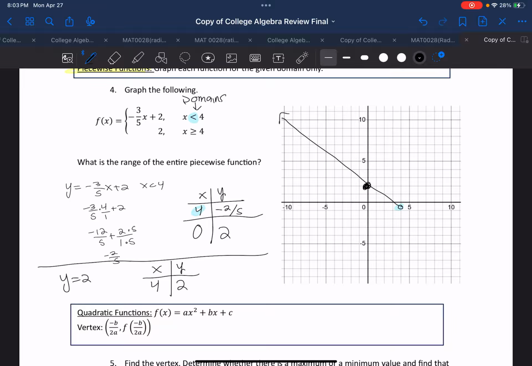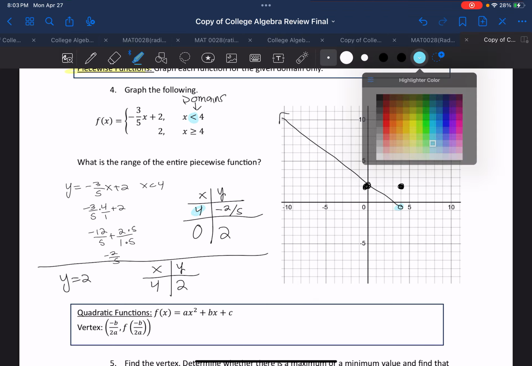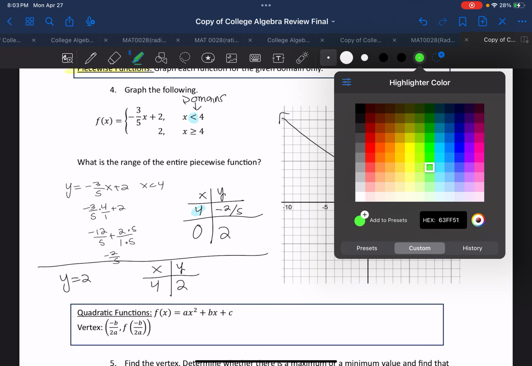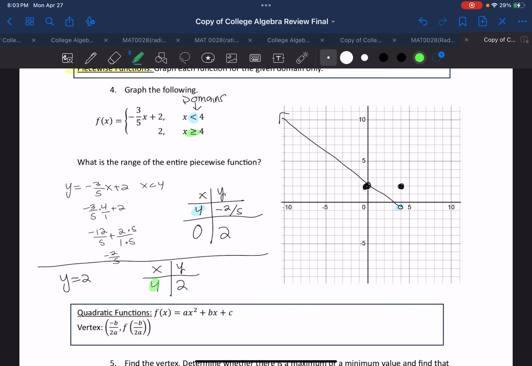So 4 comma 2 would be right here, and that would be a closed circle because x can equal 4. And then I'm only going to plot this line to the right because I'm only graphing that second piece of the piecewise function for all values greater than or equal to 4. And that's a horizontal line at y equals 2, so it looks like that.